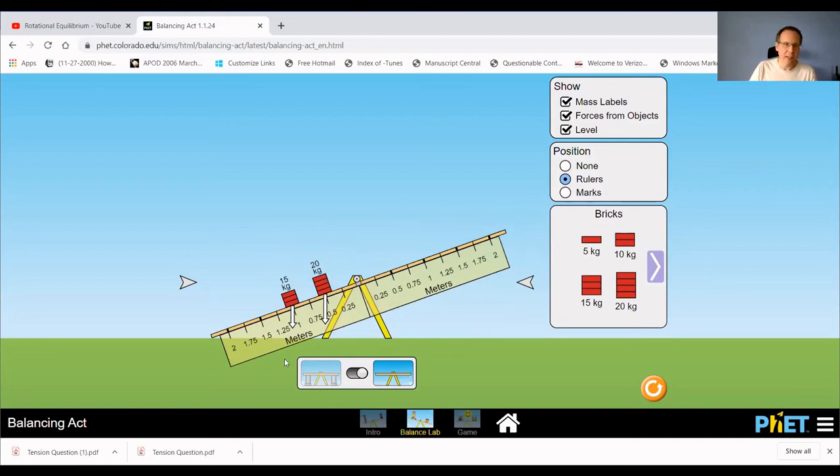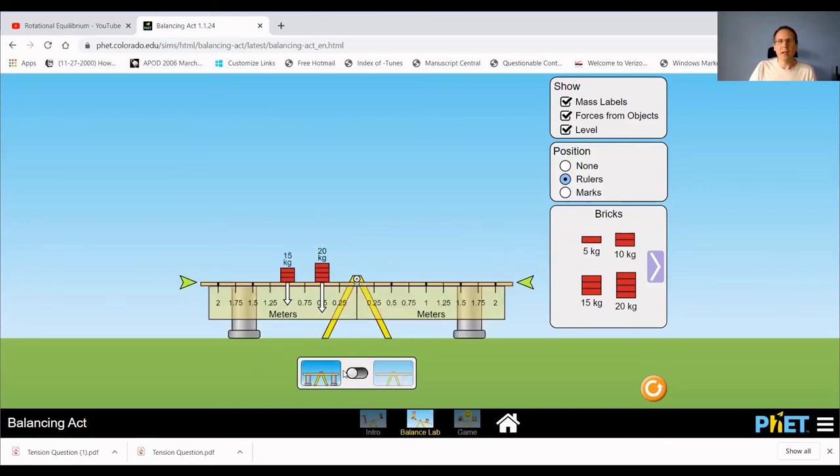So this is just rotating and is definitely not in rotational equilibrium. What you want to do is calculate, using the sum of the torques equals 0, where you should place a 20 kilogram brick so that everything balances.